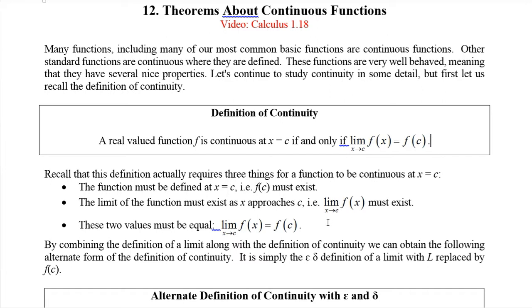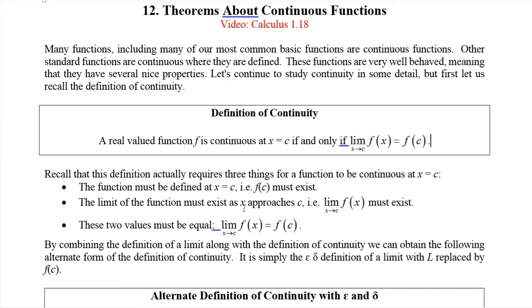And of course, a function can fail to be continuous if any part of this definition fails. For example, we've seen examples where the function didn't exist, but the limit does exist, a hole in the graph. Or we saw examples where the limit didn't exist, in many different ways that might happen, an asymptote or some other way of jump discontinuity.